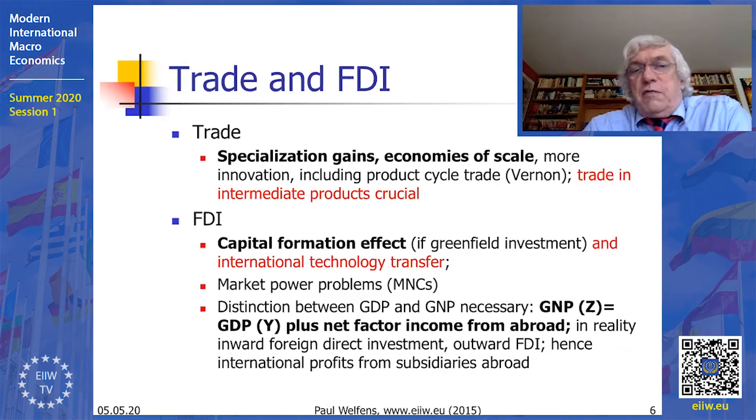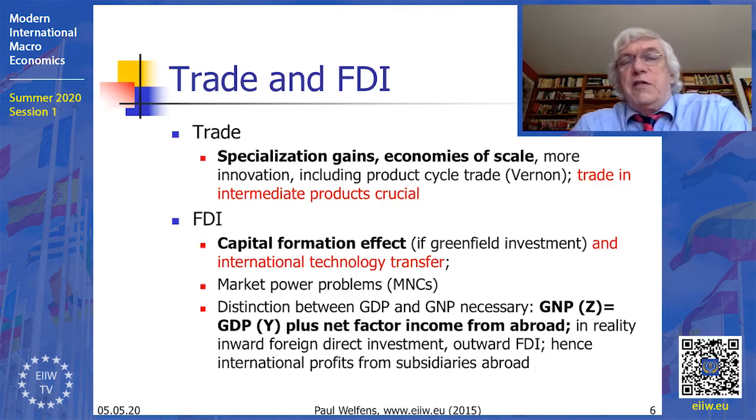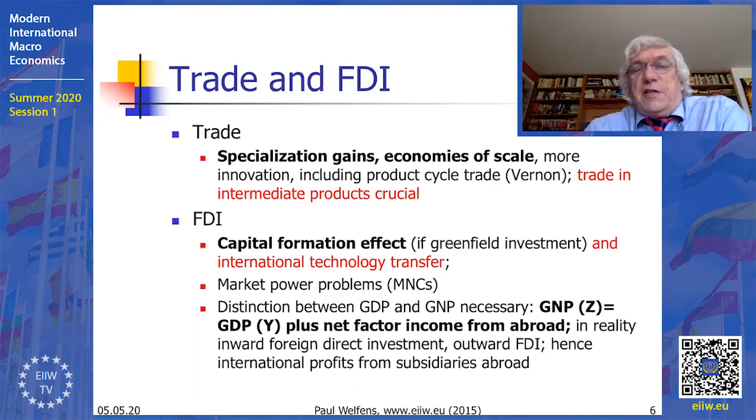We might also witness certain market power problems if, for instance, big MNCs invest in relatively small open economies, unless these economies are part of a regional integration scheme. Yeah, and there is this necessary distinction between gross domestic product and gross national product.